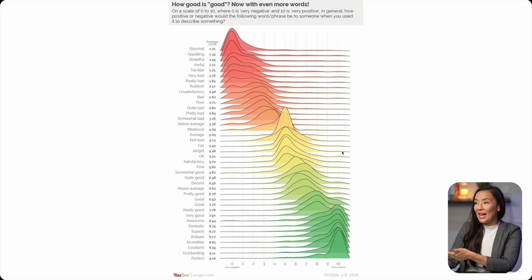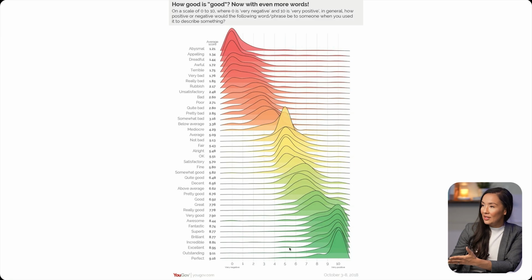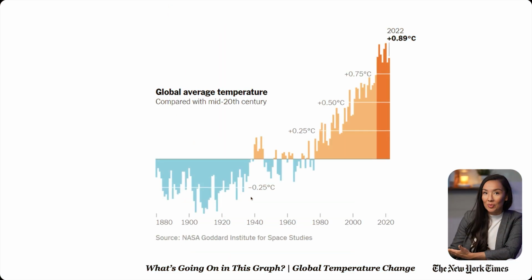This visualization has a dual encoding because position is also encoded with color, where we have more negative words in red and more positive words in green. So in this way, the same data is mapped to two different visual encoding channels, as we would call it, position and color.